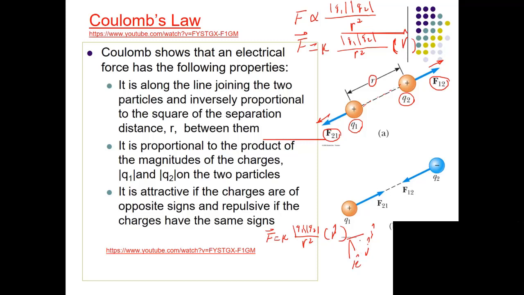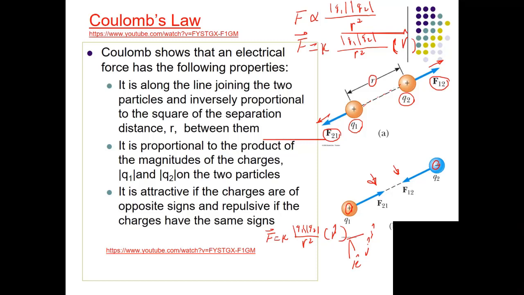We have done this in the previous course. Or it could be any unit vector in any direction. Also, the force could be an attractive force if the two charges are opposite in sign. So this is positive and this is negative, and the force will simply be attractive.